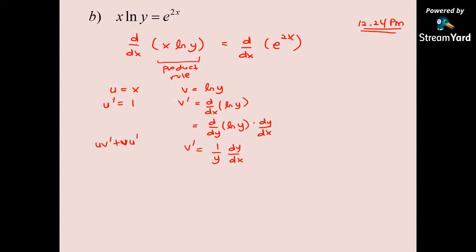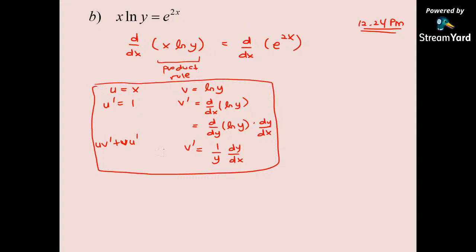So u v prime, we are going to get x multiplied with 1 over y dy over dx, and then plus v u prime, so we are going to get ln of y.